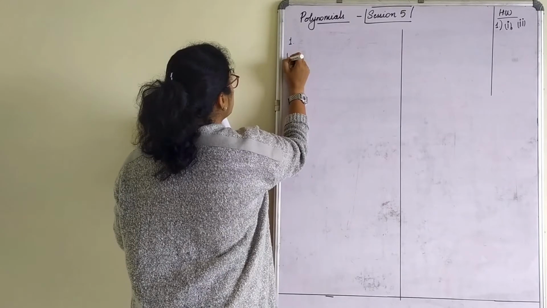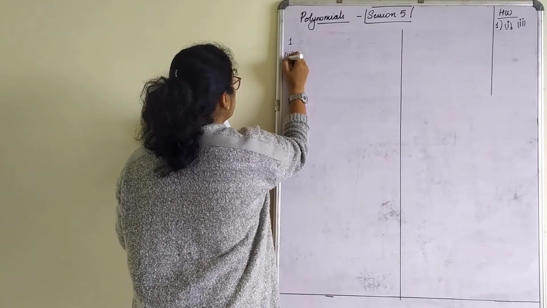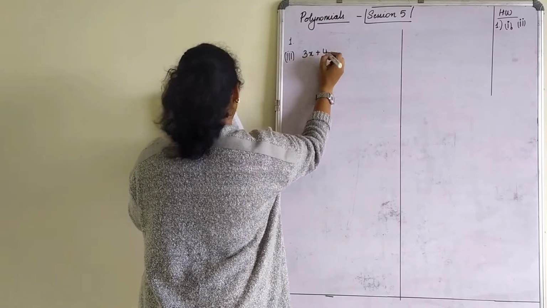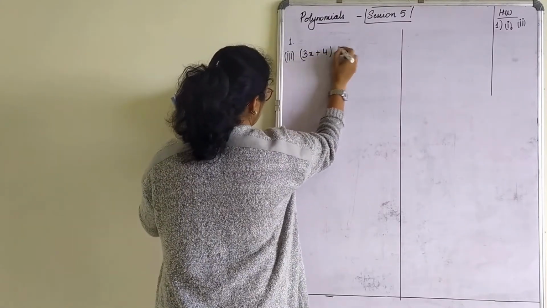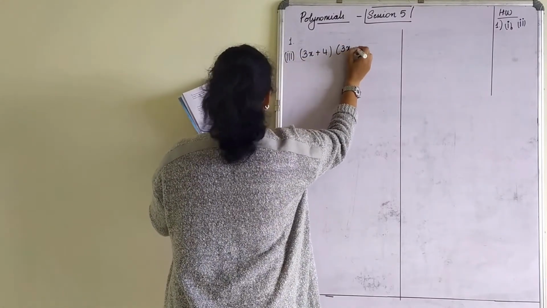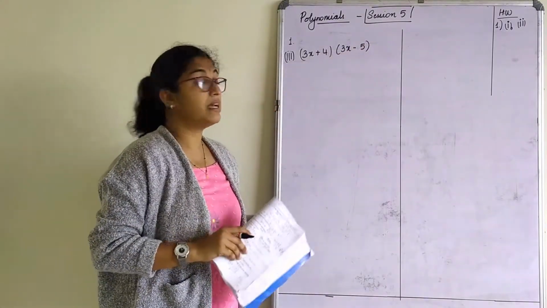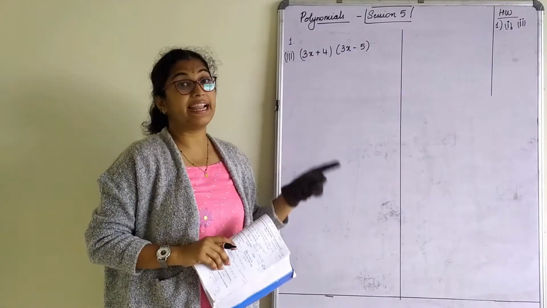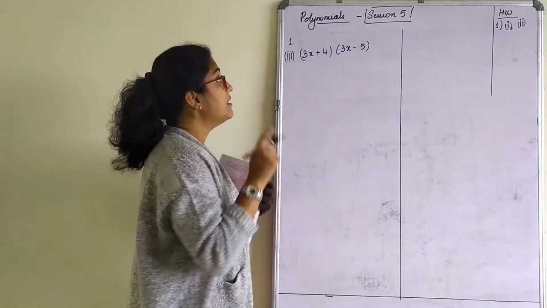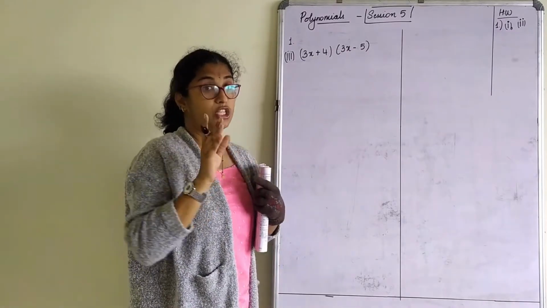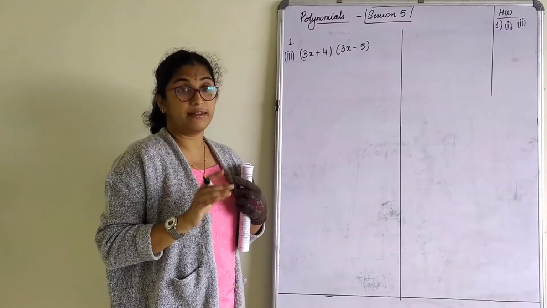So I copy down the third sub question here as they have given, that is (3x plus 4)(3x minus 5). First of all, look at the given sum and try to identify which identity it belongs to. See here, the minus sign is in the question, not in the formula, right?